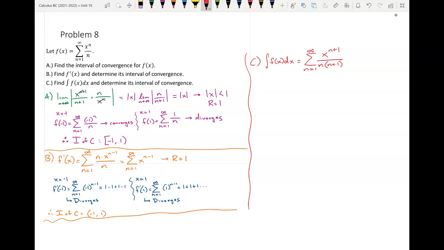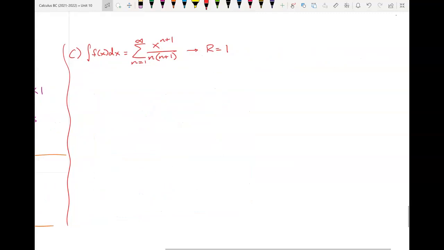Now remember, we still have a radius of convergence of 1. So we just need to look at, hey, what's happening at -1 and 1? So let's go ahead and look at x equals -1.